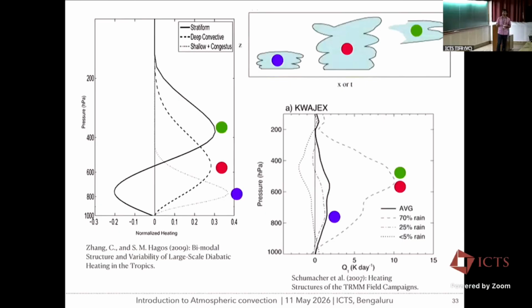The lowest intensity is typically clear sky, which has upper level cooling related to radiative cooling. But the major thing I wanted to convey from this plot is that you actually see these three heating profiles in the atmosphere, an indication that these three cloud types are dominant in the tropics.